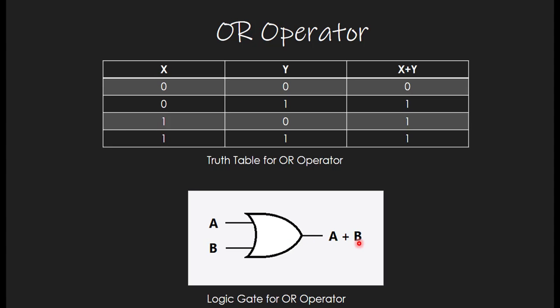The output will be A plus B. Suppose the value of A is 0 and the value of B is 1, then this gate will give me output 1, because when one input is 0 and the other is 1, it gives output 1. So we can summarize the OR operator as the operator which gives output 1 when at least one of its inputs is 1 or true.